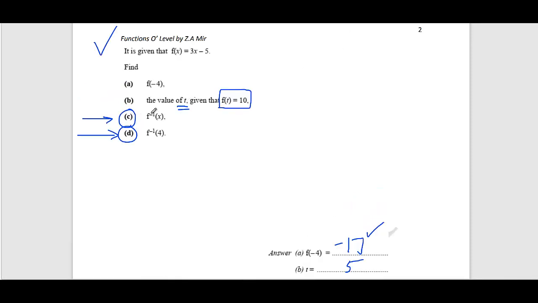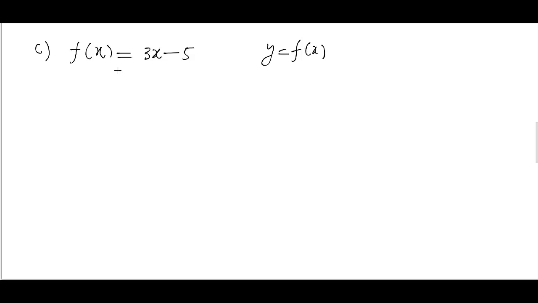In part C, we have to find f inverse of x. To find f inverse, the first step is we replace f of x with y. So this will become y is equal to 3x minus 5. And as we know, in the inverse of a function, y becomes x and x becomes y. So we switch y with x and x with y.